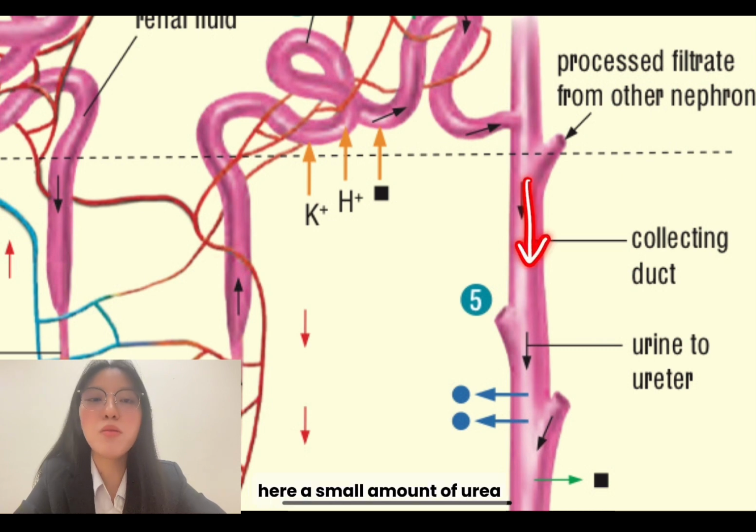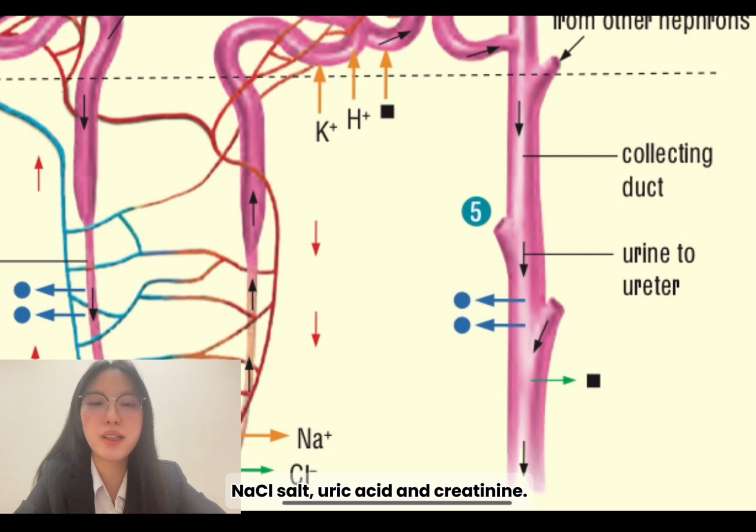Here, a small amount of urea will diffuse out into the surrounding fluid and blood capillaries due to its small molecular size. Urine contains water, urea, sodium chloride salt, uric acid, and creatinine. After leaving the collecting duct, urine flows through the ureter, bladder, urethra, and is finally excreted out of the body.